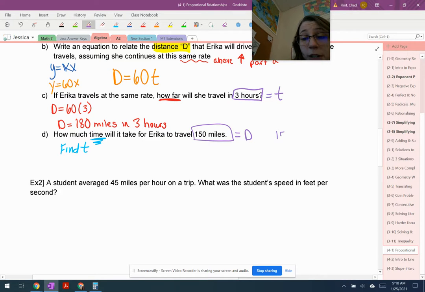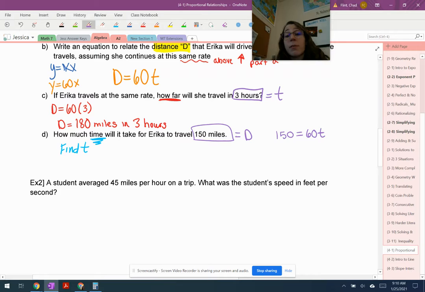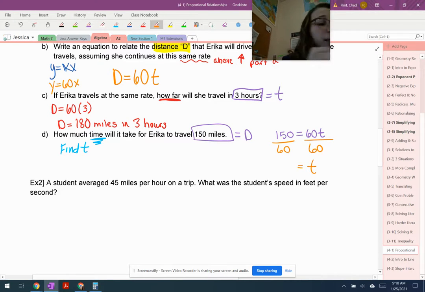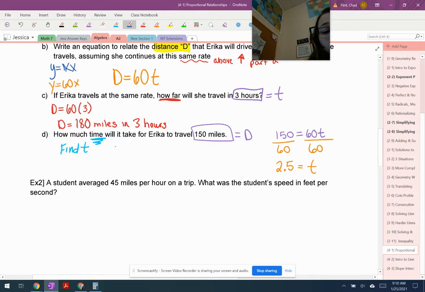So 150 is equal to 60 times whatever the time is. And now we have a baby equation that we can solve. The 60 is preventing the t from being by itself, so I will divide both sides by 60 to get t is equal to 150 divided by 60, which is 2.5. So it will take 2.5 hours.